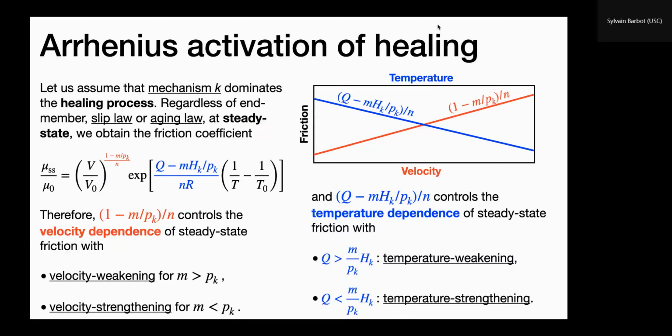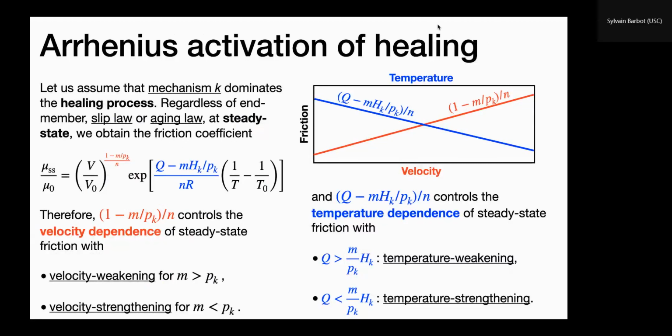And at steady state, it looks like this. If only one mechanism dominates, the friction at steady state is simply a function of sliding velocity and temperature. So it's very simple. It's basically the velocity to a power, temperature to a power. And the sign of this power controls whether we have velocity strengthening, velocity neutral, velocity weakening, or temperature strengthening, temperature neutral, or temperature weakening at steady state.